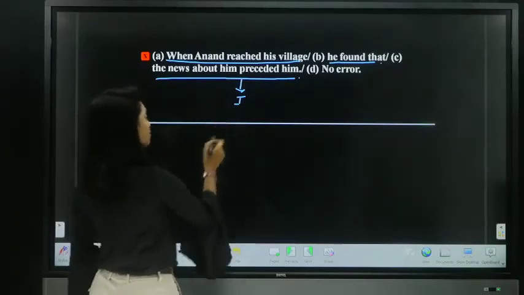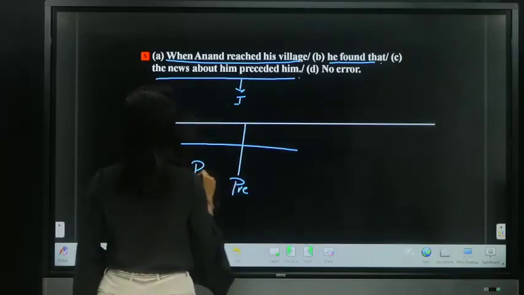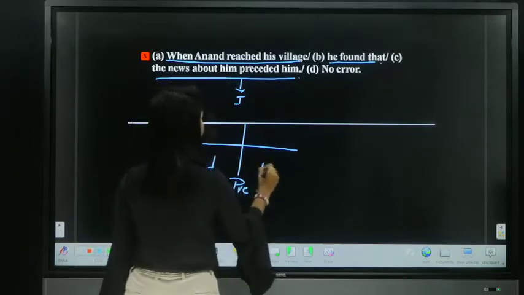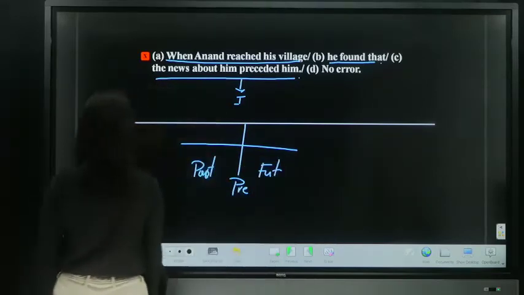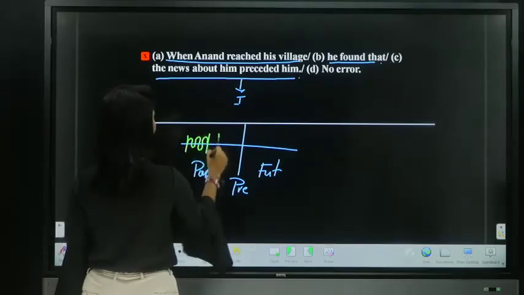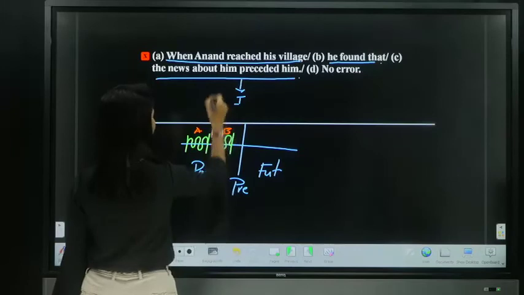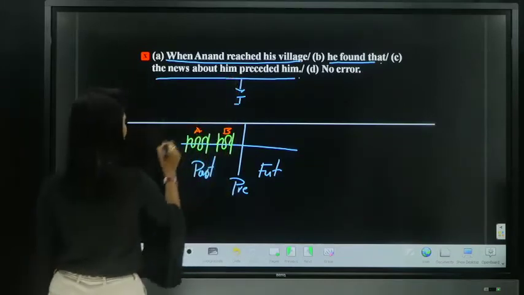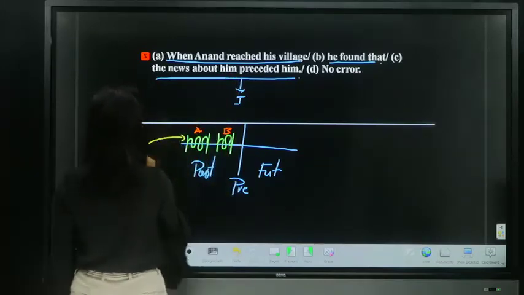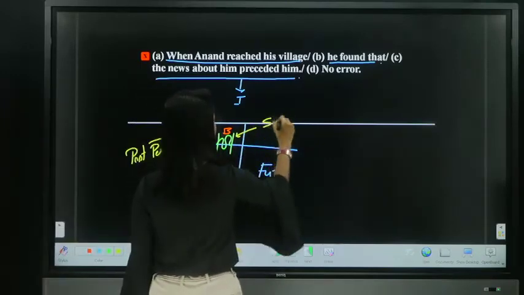When two actions took place in the past, remember the first action should be in past perfect and the second action should be in simple past. One action started, continued and completed, and the second action started, continued and completed. News preceding is the first action, so it should be in past perfect, and the second action in simple past.